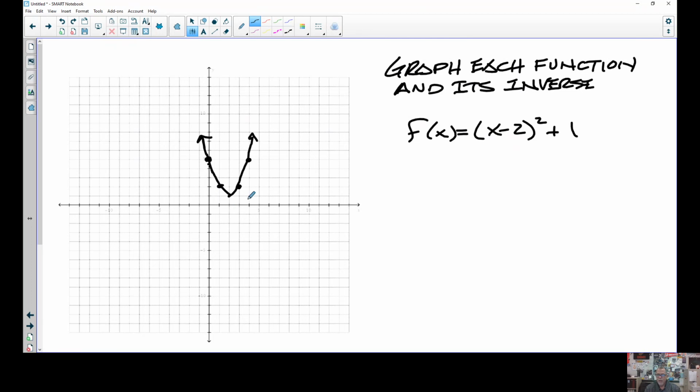All right, now, how does that work? Well, one really nice relationship between a function and its inverse is the graphical relationship they have.